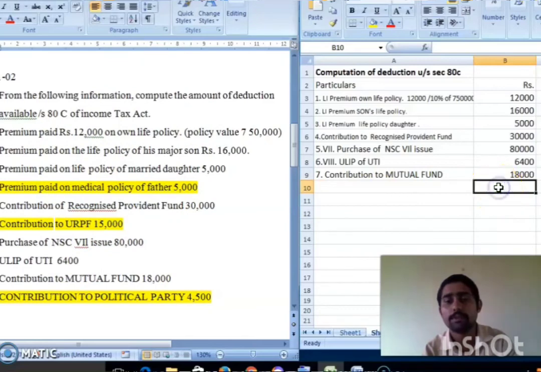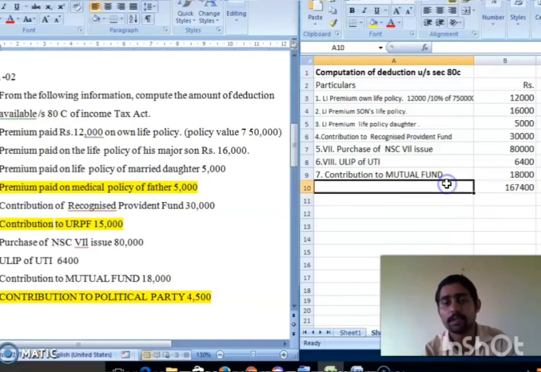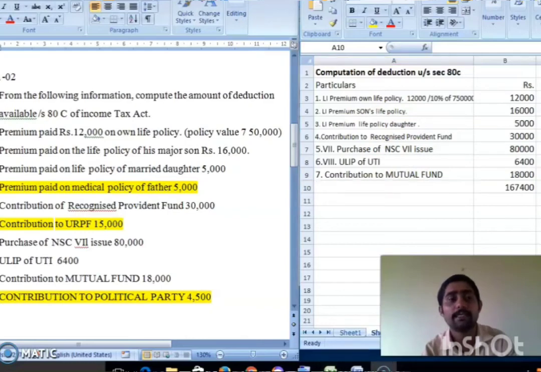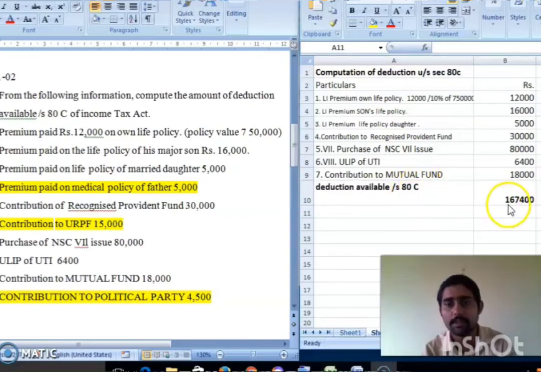The total will be total deduction under 80C. Here total of that will be 1,67,400. So 1,67,400 is our total amount of deduction under 80C.